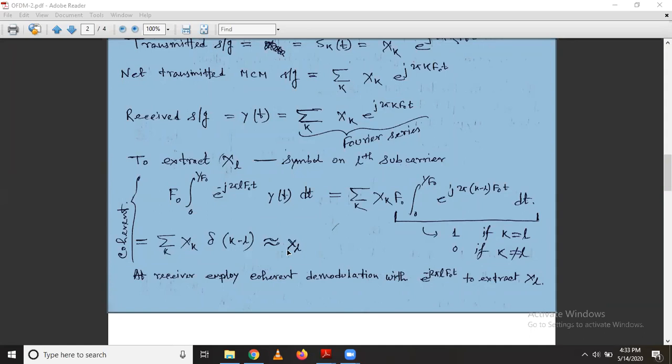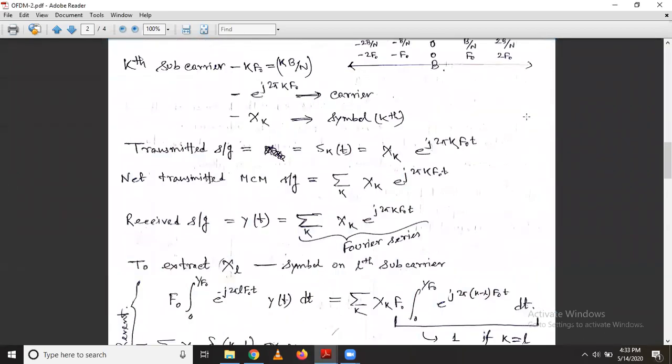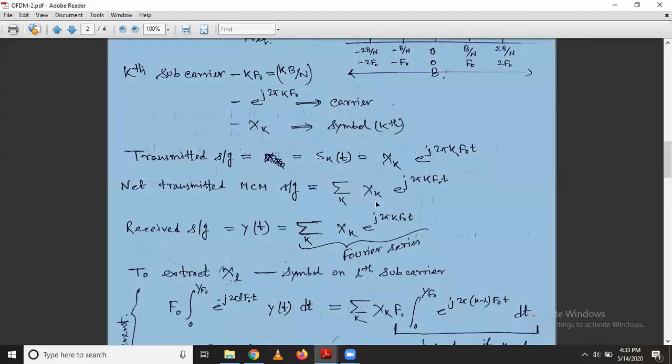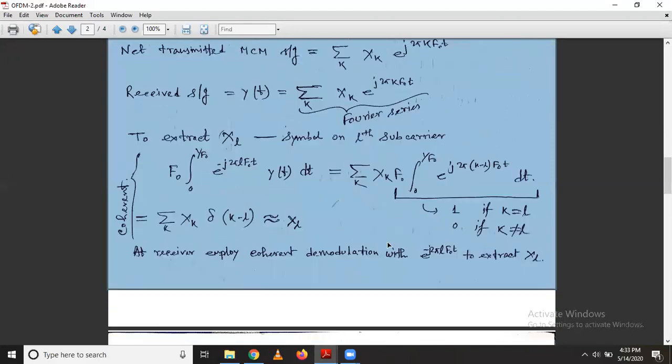So this is the way the message signal x_k is multiplied with the carrier signal and the transmit signal is generated. We receive the signal and get back the signal X_L in the MCM system, the multi-carrier modulation system.